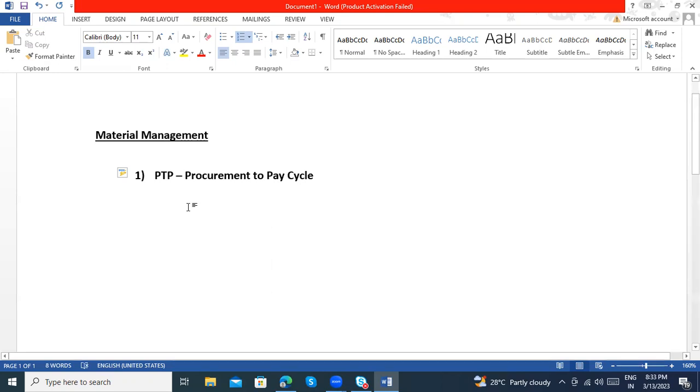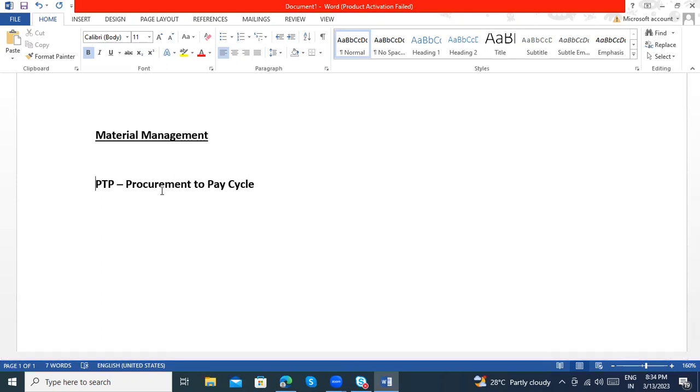This is the standard basic level. If you are an MM consultant, the basic concept is you should be aware of the P2P cycle. Clear?